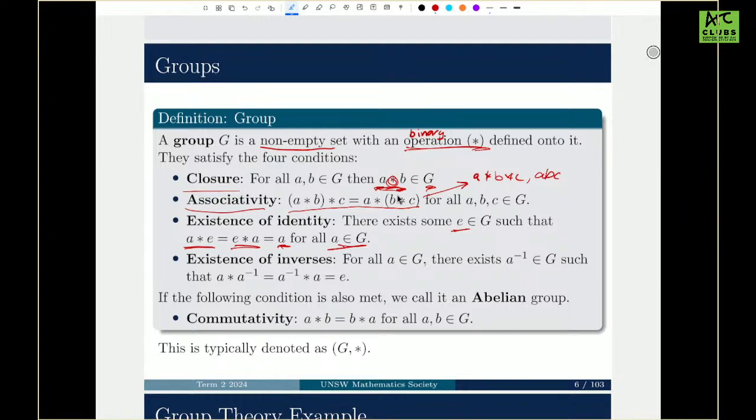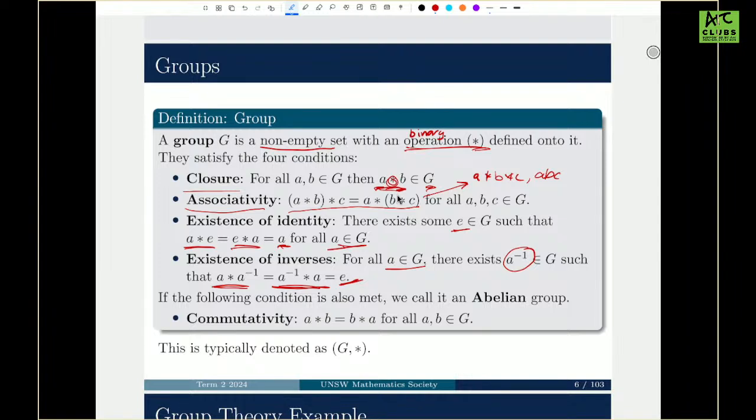Existence of inverses. For all A in G, there exists another element in G, which we usually write using this syntax, such that if you apply those two elements together, you get the identity, and it should be for either order.